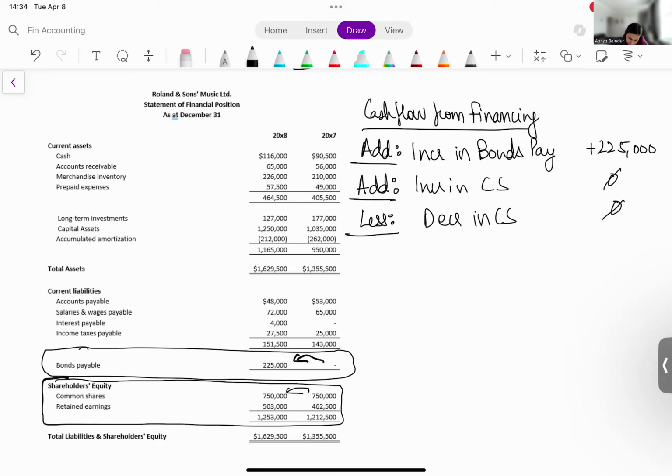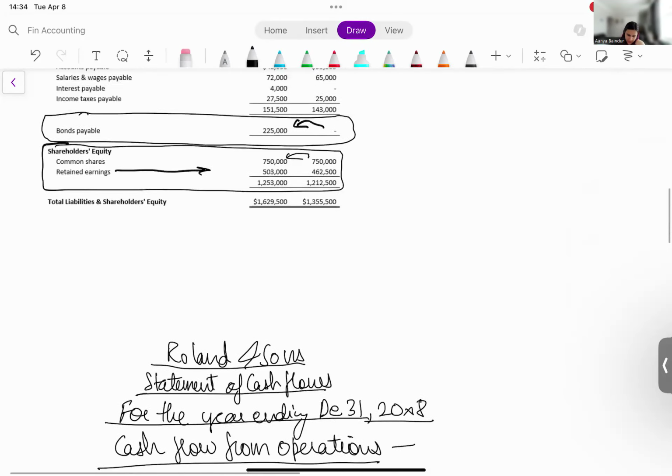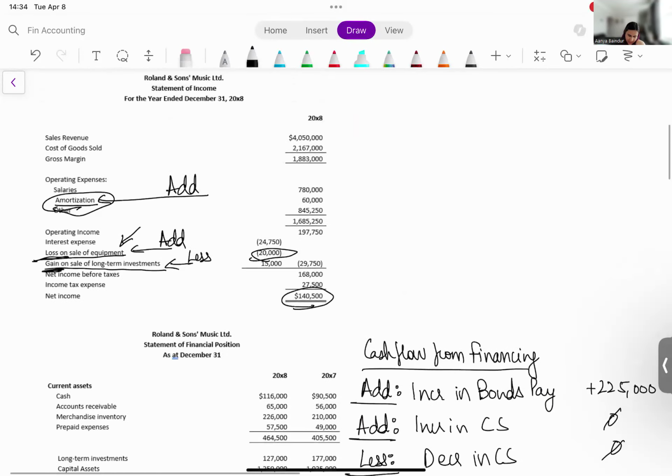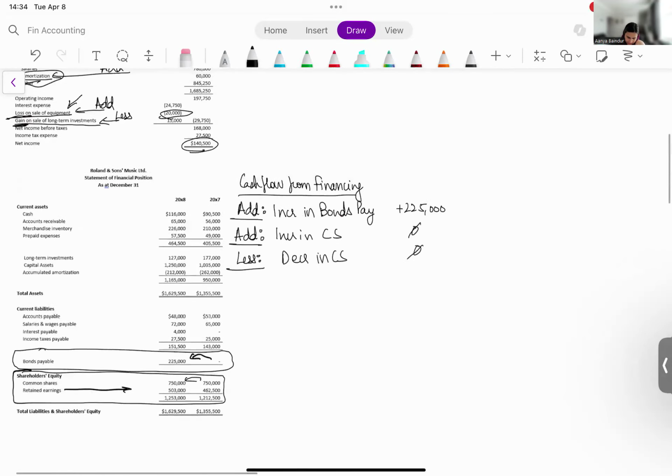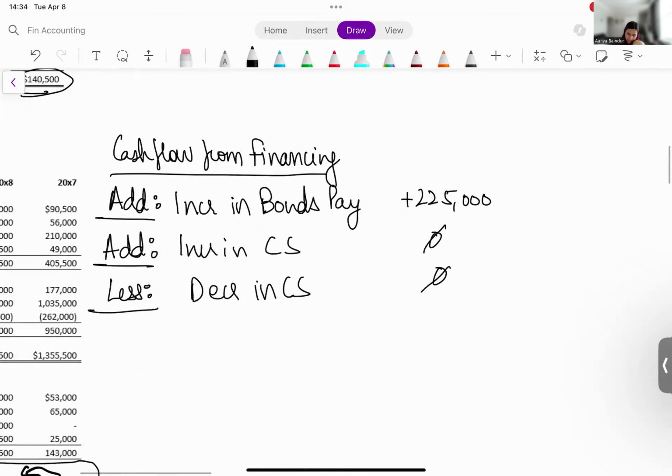Lastly, retained earnings itself does not represent any cash that comes in or out. However, we will have paid dividends. So the last item that we'll deal with here is dividends. We've paid out a certain amount of dividends according to the question. It does not tell us how much, though. So let's figure out how much dividends were paid out.